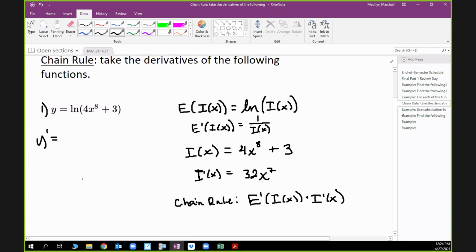So putting it all back together, we have the derivative of the exterior, 1 over I of x, which is just the original, x to the 8th plus 3, times the derivative of the interior, which is 32x to the 7th.